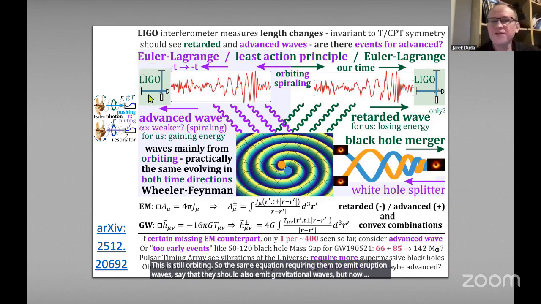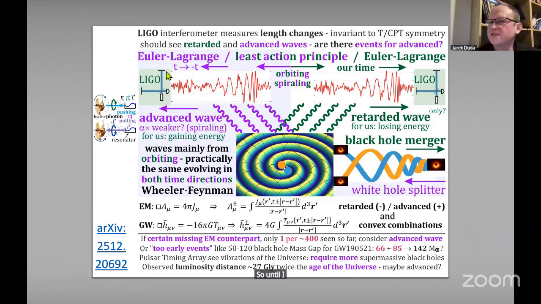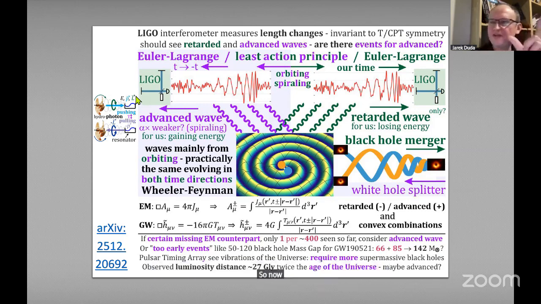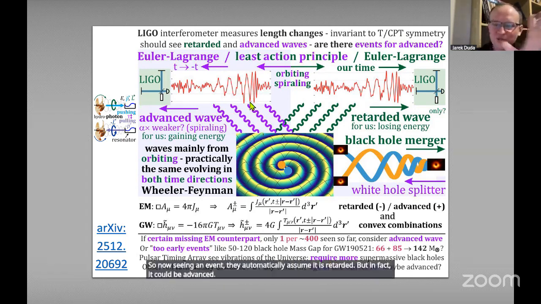And LIGO just sees lengths, and lengths are time invariant. So if there are advanced waves, LIGO should see both retarded and advanced. So now, seeing an event, they automatically assume it is retarded, but in fact it could be advanced. So I think it should finally be tested and discussed.